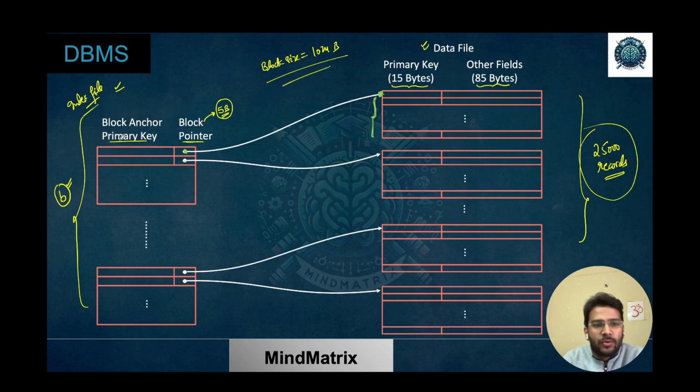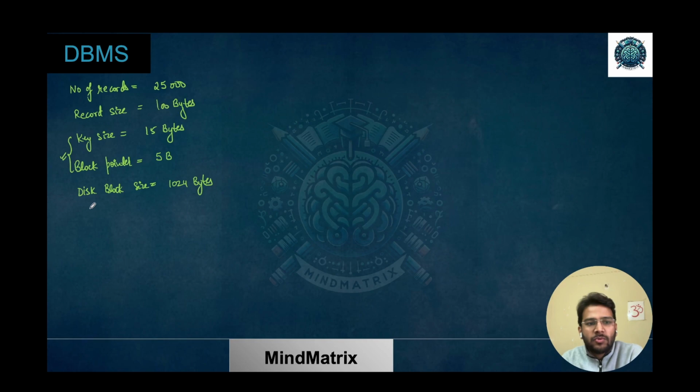As you can see in this question, the size of one index will be the size of the primary key plus the block pointer size. So here it is 15 plus 5, that is 20 bytes. Clear? So this is the information that we have in the question.